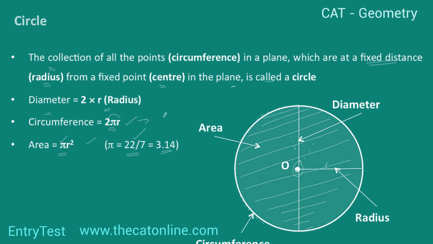So if the radius is in centimeters or meters, the circumference will be in centimeters or meters. But the units for area are the square of the units for radius. So it will be either centimeter square or meter square or kilometer square, depending upon what the units for radius are in the question.